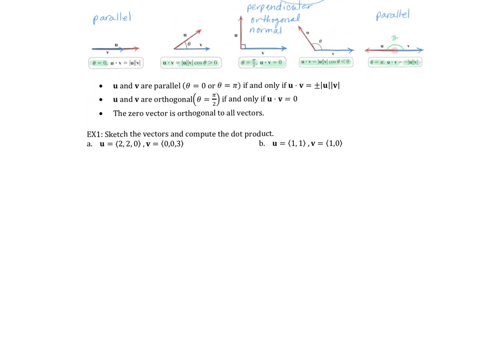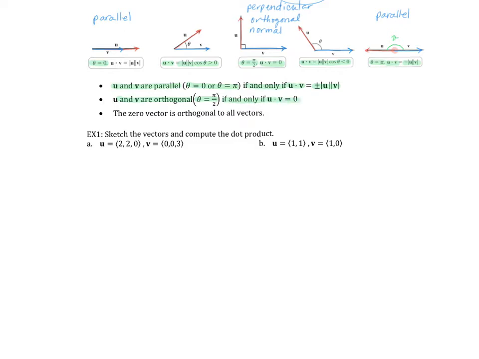Summing up the properties, u and v are parallel, and that would be when theta is 0 or theta is pi, if and only if their dot product is plus or minus the product of their magnitudes. U and v are orthogonal, or perpendicular, or normal, and that happens when theta is pi over 2, if and only if the dot product is equal to 0.